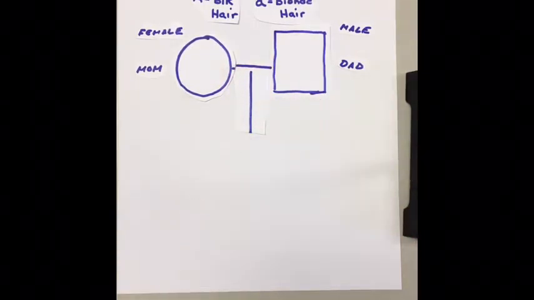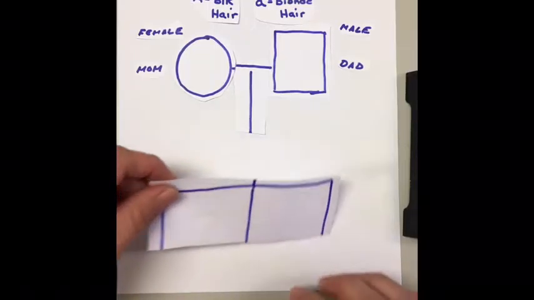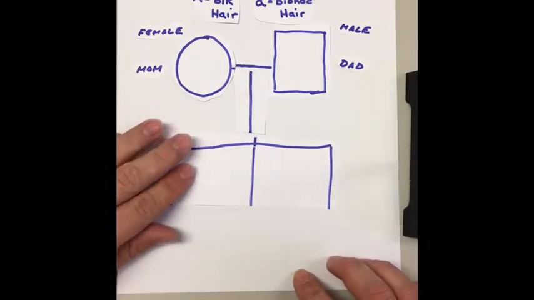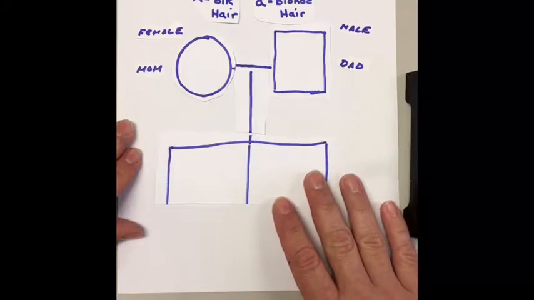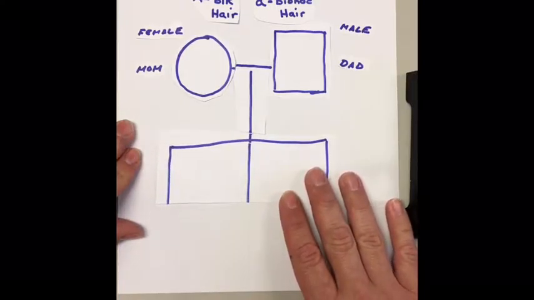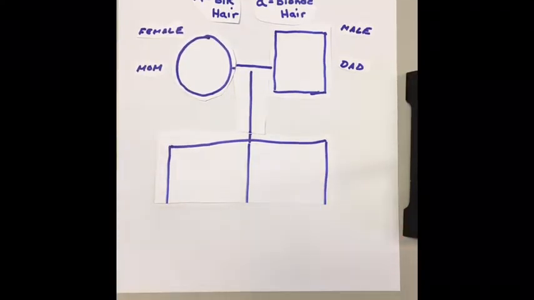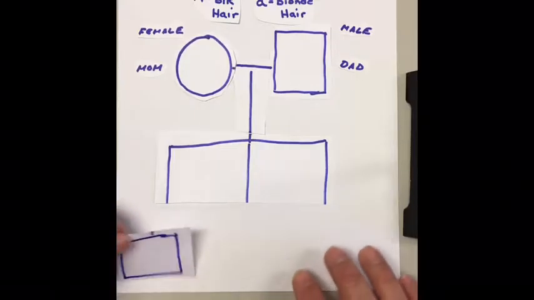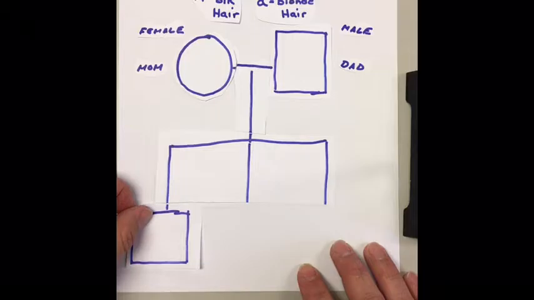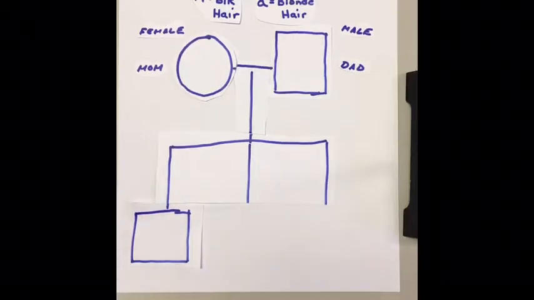Okay? Now, how many babies did they have? Okay, so in this particular problem, problem number 1, we're going to say that they had 3 kids. Okay? The 3 kids, in this case, let's say they had a son and 2 daughters.